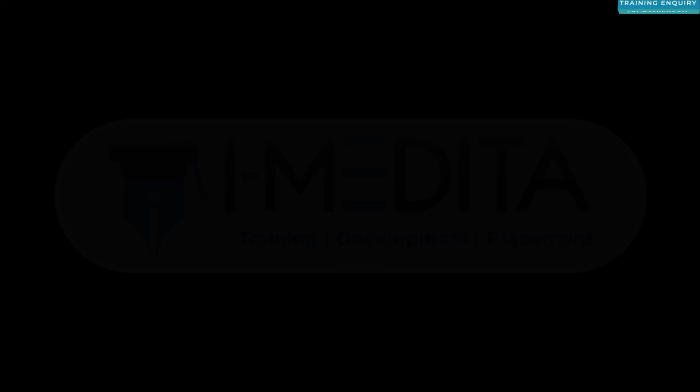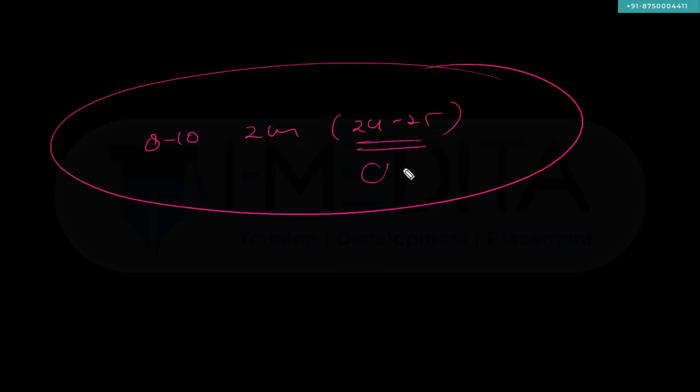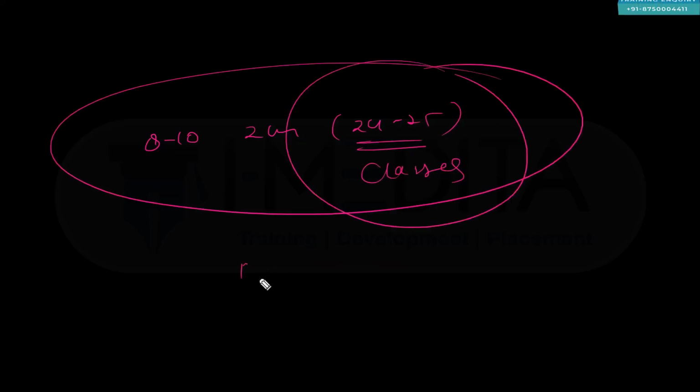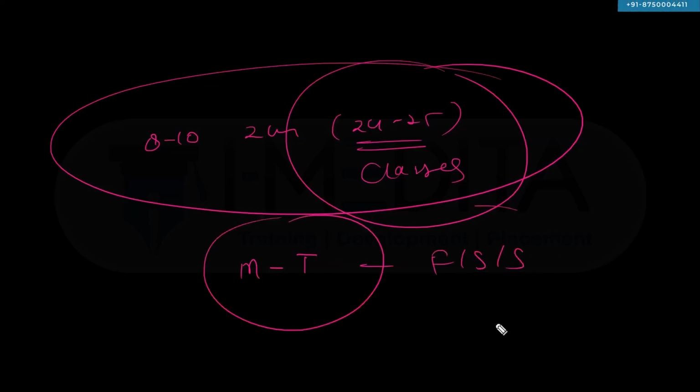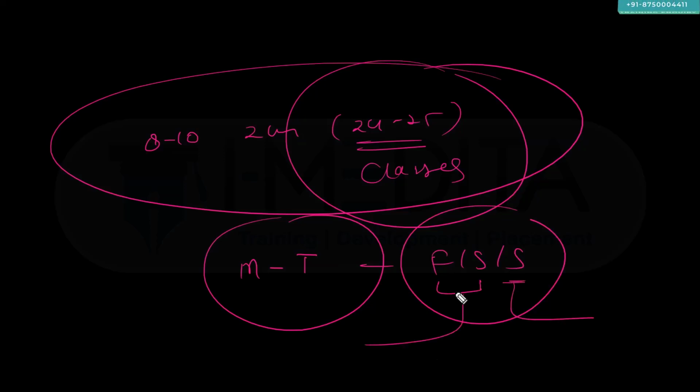2 hours per day, approximately 24, 25 classes. I'm not saying days, by the way, I'm saying classes. Monday to Thursday; Friday, Saturday, and Sunday are going to be off. You can do the labs on Friday, Saturday, and enjoy your Sunday, for example.